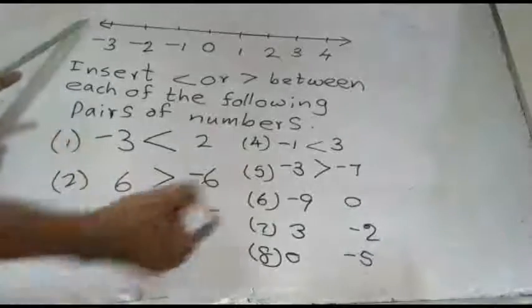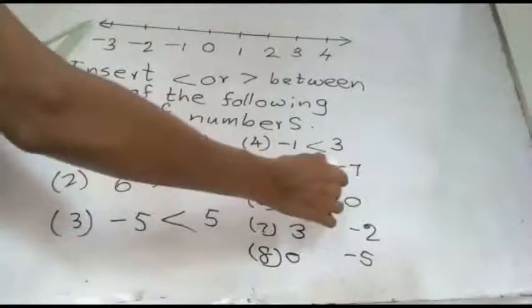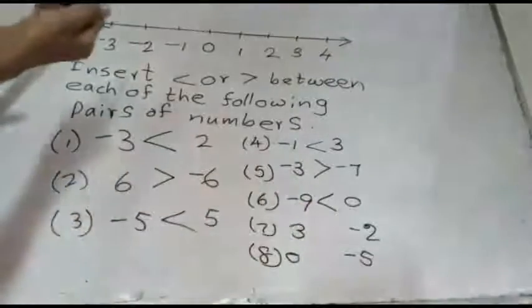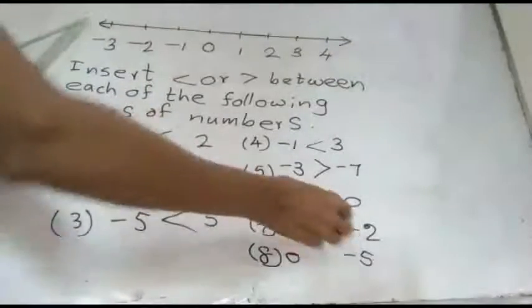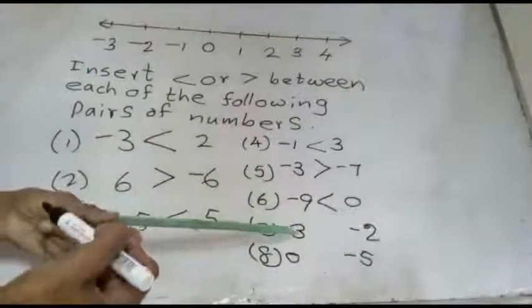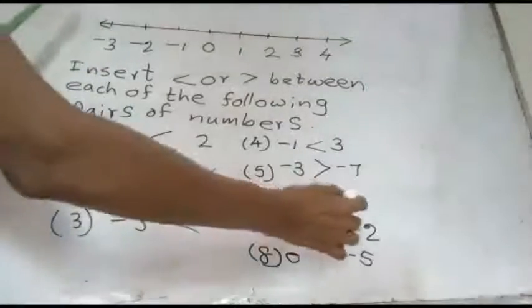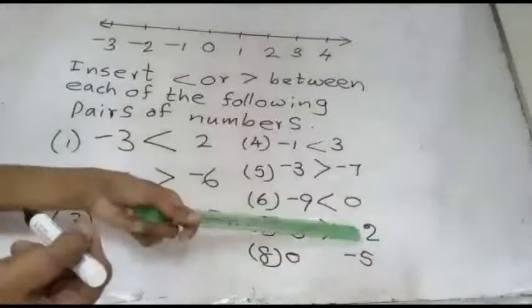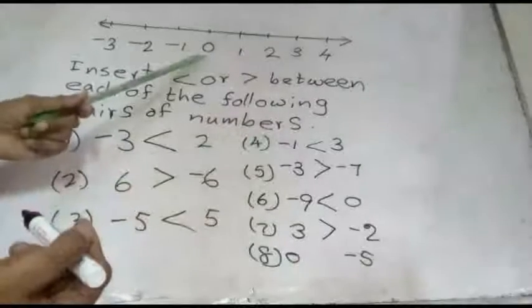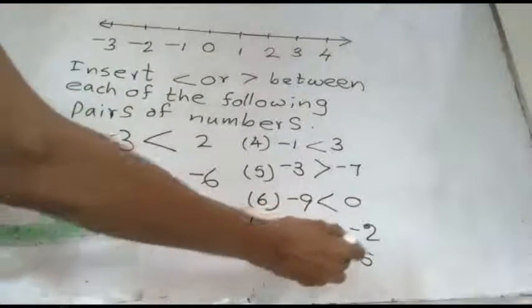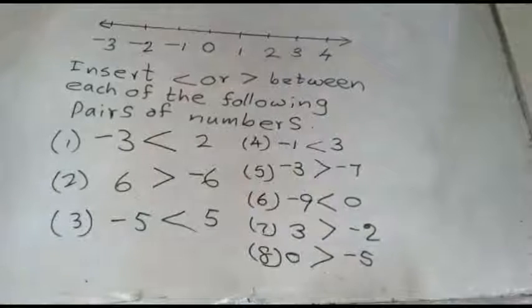Negative 9 is left of 0. Negative 9 is less than 0. Positive 3 is right of negative 2. Then positive 3 is greater than negative 2. 0 is right of negative 5. 0 is greater than negative 5.